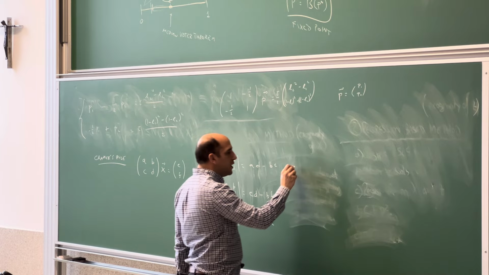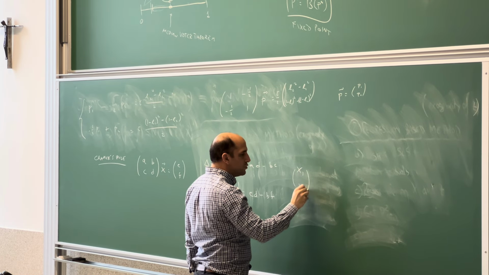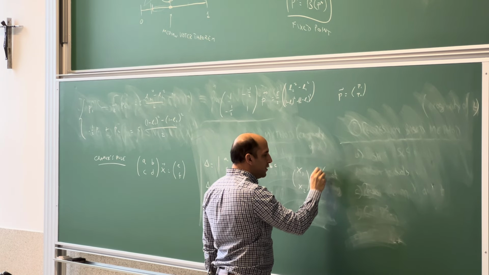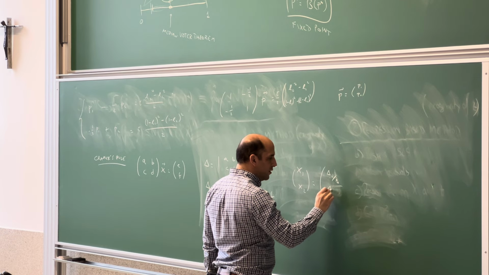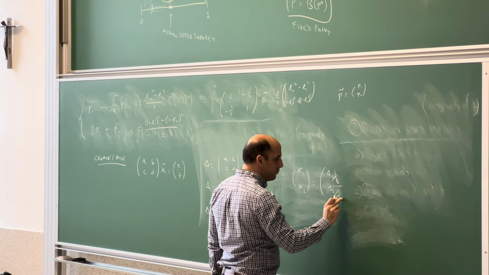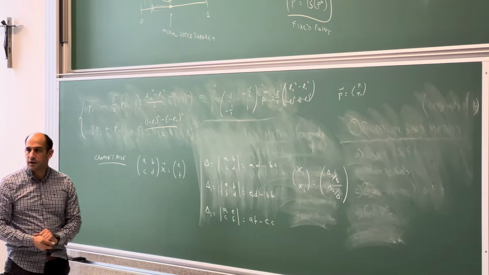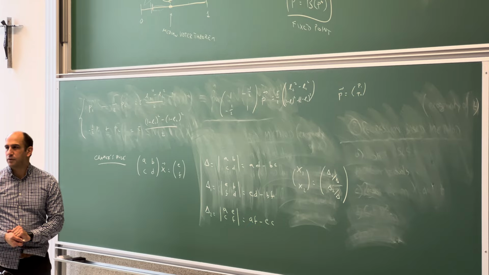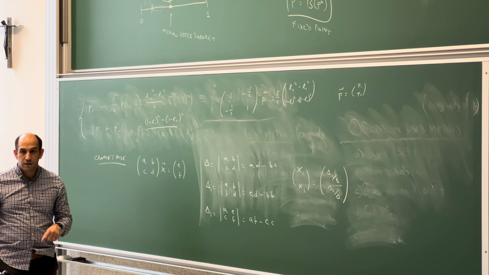And then x1 and x2 are equal to delta 1 over delta and delta 2 over delta. Is that correct?